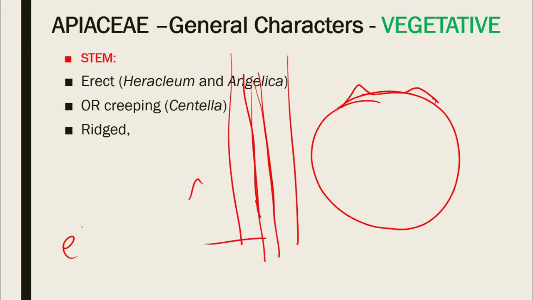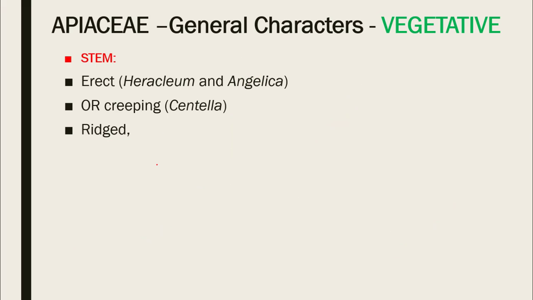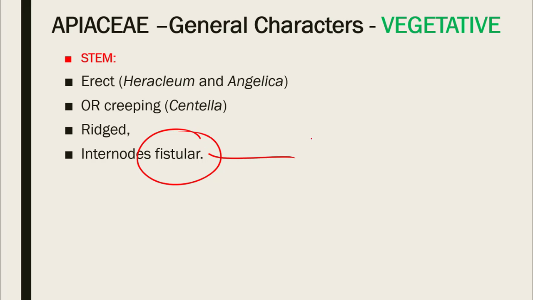A ridge is basically an elevated part which rises above the surface. So this is a ridge, and it travels the entire length of the stem. Fistular means the internodes are hollow from inside, so there is no tissue in the internodes, they are simply hollow.